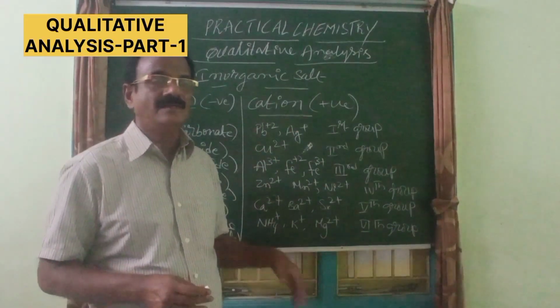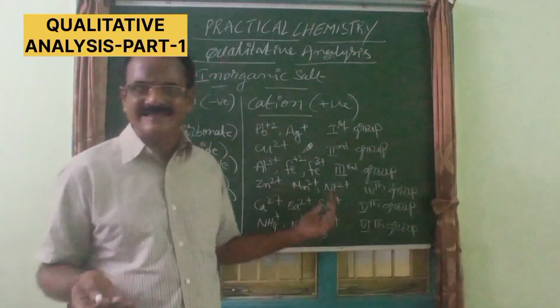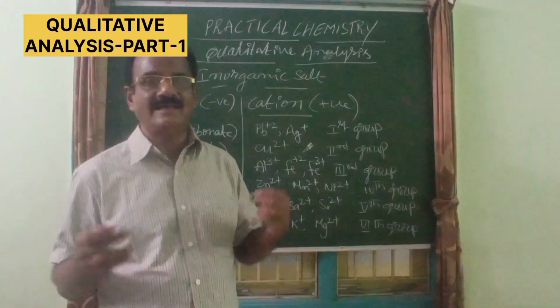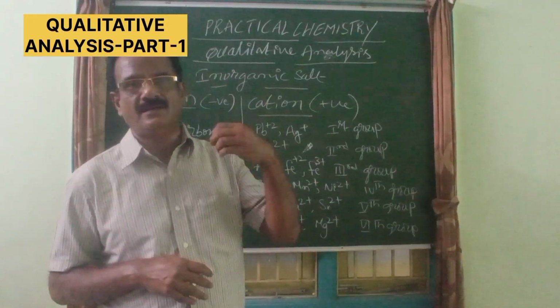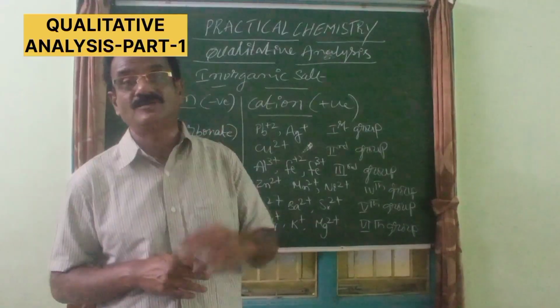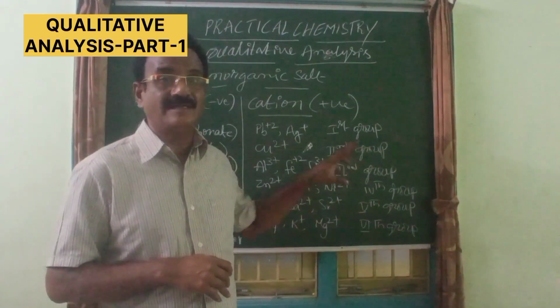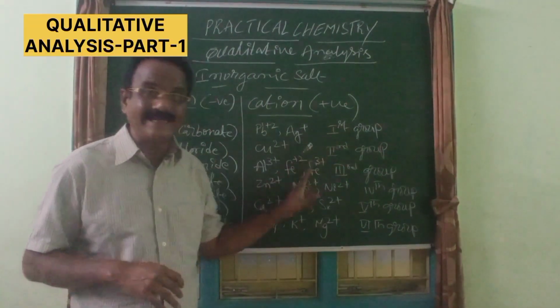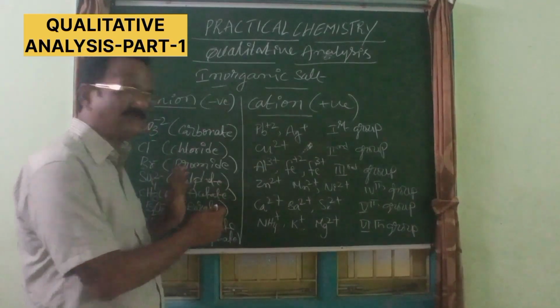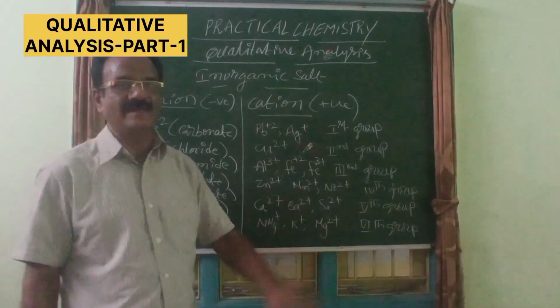Is it clear? Other than these ions, there are several ions, but usually according to the syllabus of senior inter, class 11, class 12 and UG students, these are the cations to be given for analysis. These are the set of anions and these are the set of cations.